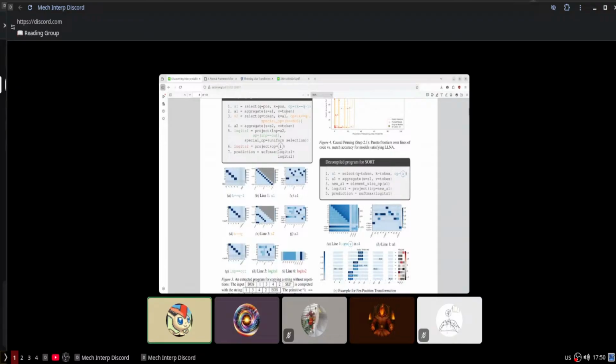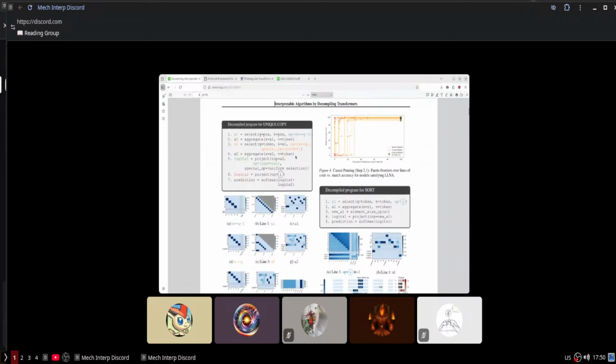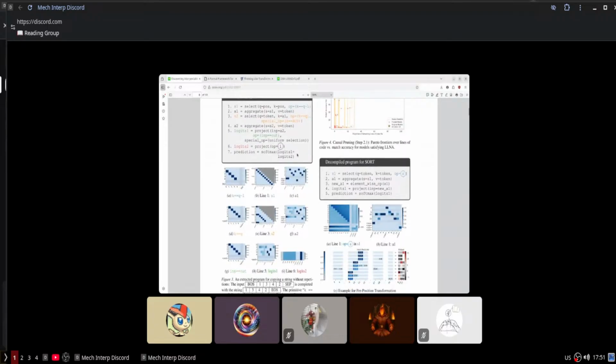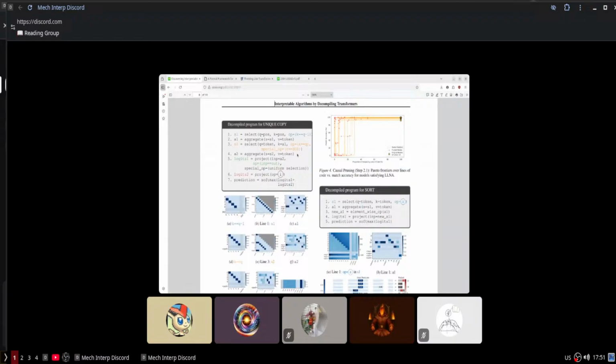So you take the previous token position. Yeah. So this will return a 1, and then you add them on the token. Right.